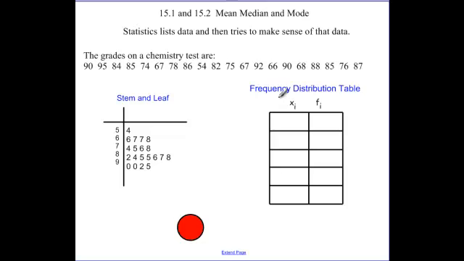Another thing you can do is a frequency distribution table. Again, I saw that I went from a low of 54 to a high of 95. So I could do something like this.